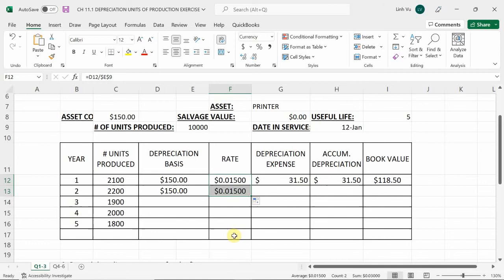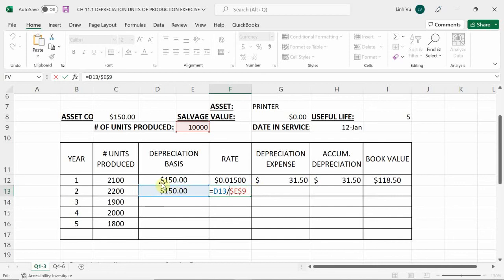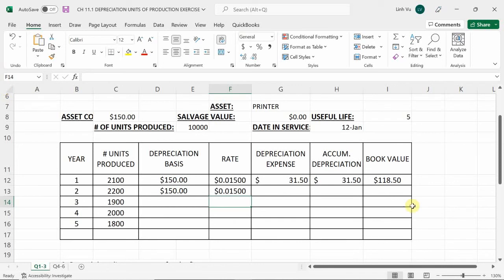Correct. So this time I only cell referenced the last number. This number is relative, so it moves across the board. I'm taking this number on the left, but dividing it by the top number, 10,000, so that one stays still. Again, it is 1.5 cents per page.